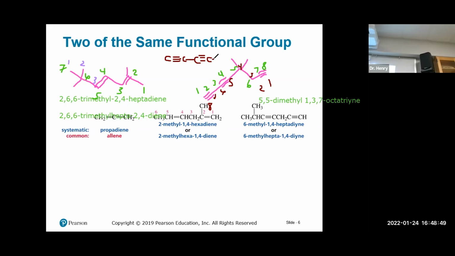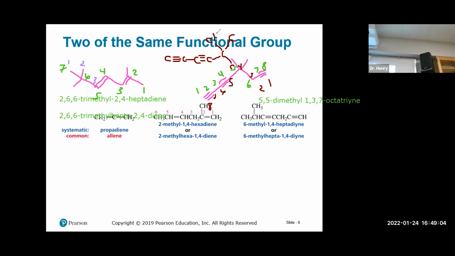And then here we have carbon, carbon, carbon, and then this guy has a carbon off of it.